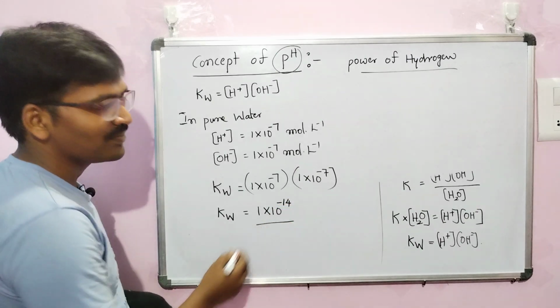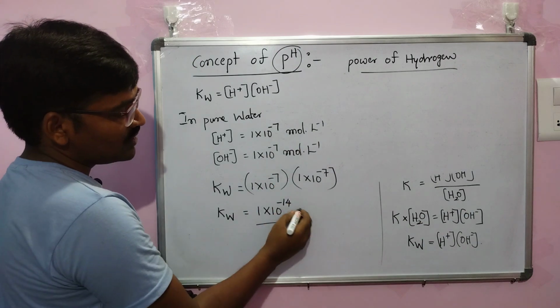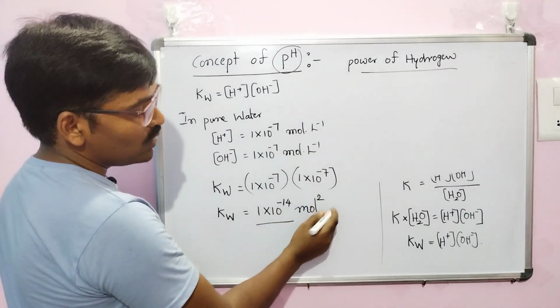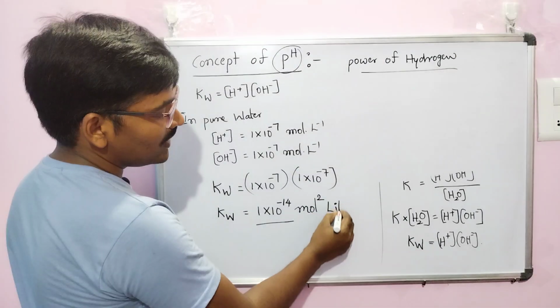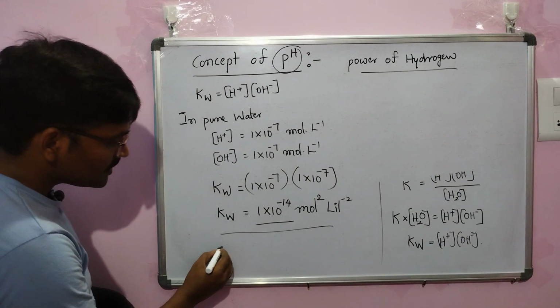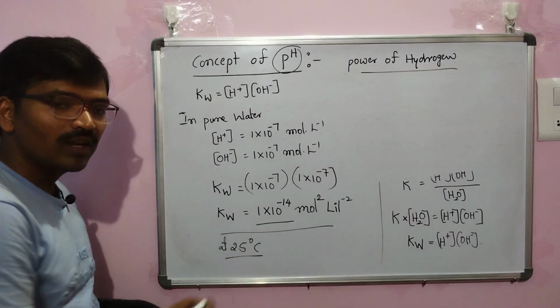The units for Kw are mole square liter inverse 2. This is the Kw value at 25 degrees Celsius.